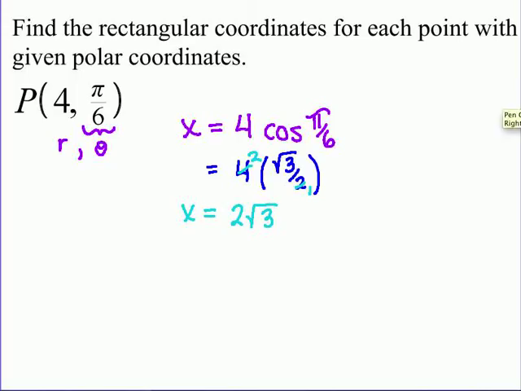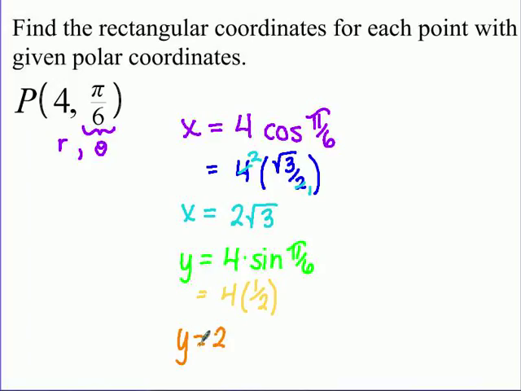Now what I need to do is find y. So y equals 4 times the sine of pi over 6. Sine of pi over 6 is what? One half. So really my answer is y equals 2.